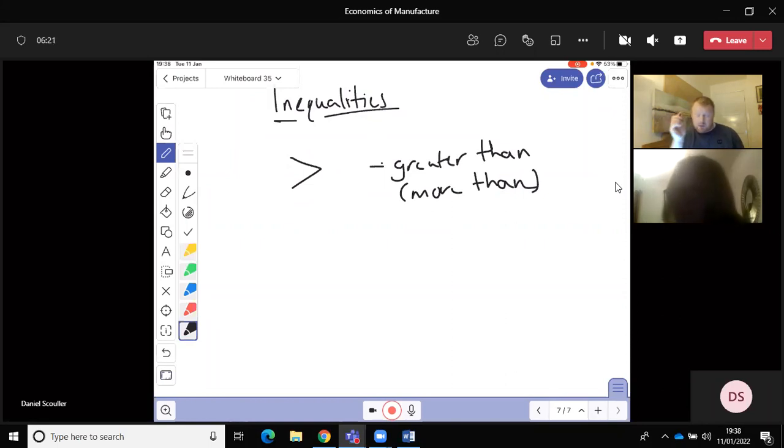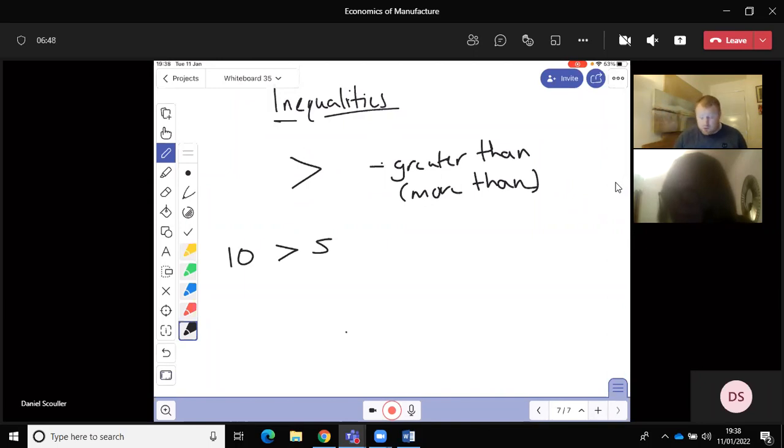So that means the number on the left-hand side is going to be greater than the number on the right-hand side. Something that would be true in that case is 10 is greater than 5. So we could use that symbol to represent that. That's what that is telling me. In mathematical terms, 10 is greater than 5.